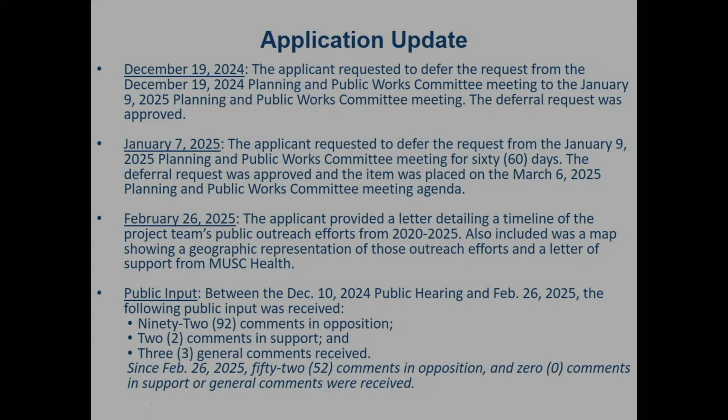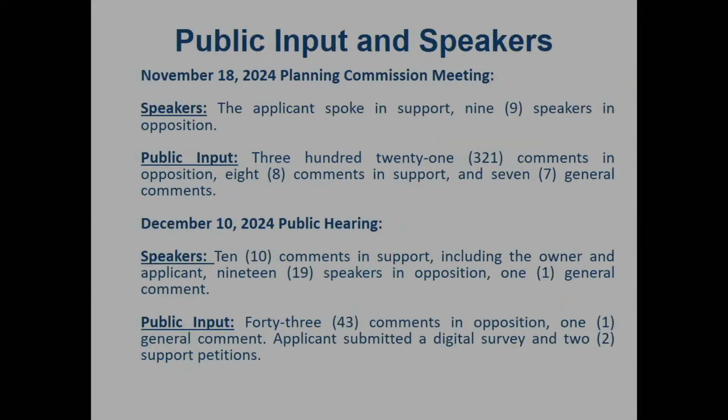Do you know what those numbers are? Yes, sir, there's a slide I can go to here. Can you show that slide? Sure. Okay, so this shows public input from the Planning Commission meeting on November 18th, then the December 10th public hearing with council, with the numbers under each date regarding the public input received at that time.